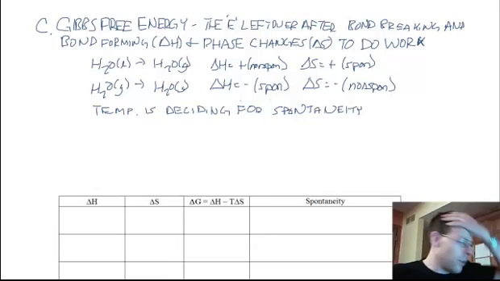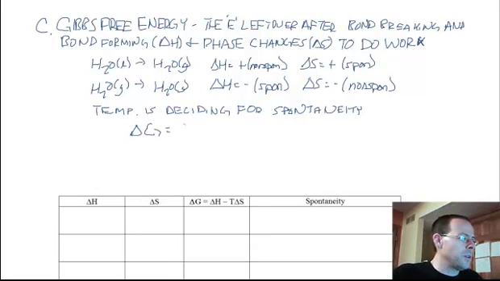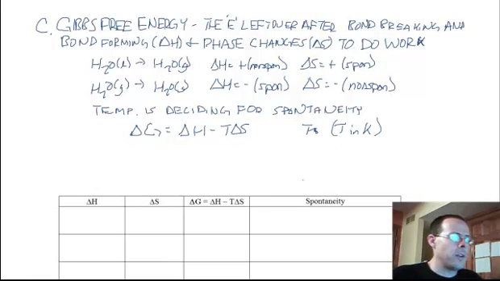Alright, and we use this equation, which basically says delta G equals delta H minus T delta S. And T is in Kelvin, we're just going to say T in Kelvin temperature. In this case, we're going to say that delta G really tells us whether something is spontaneous or not. So if delta G equals a positive value, when does it equal a positive value?